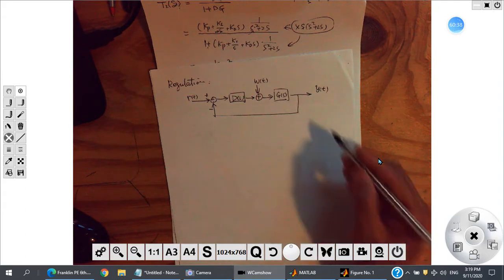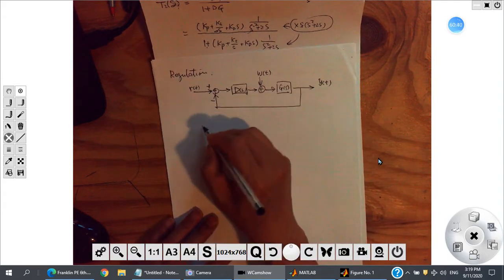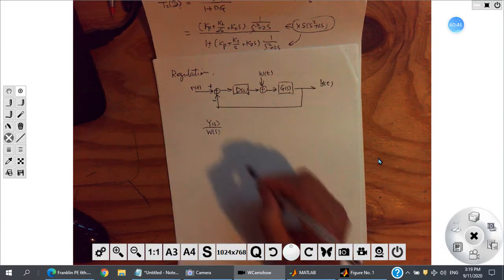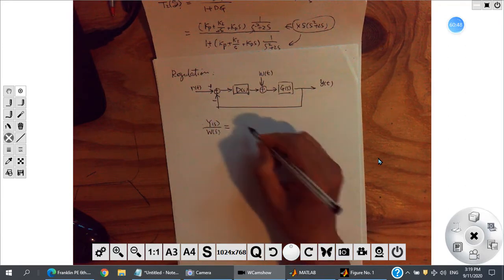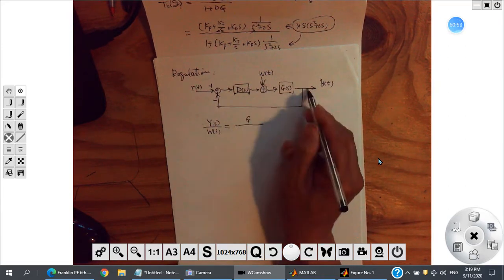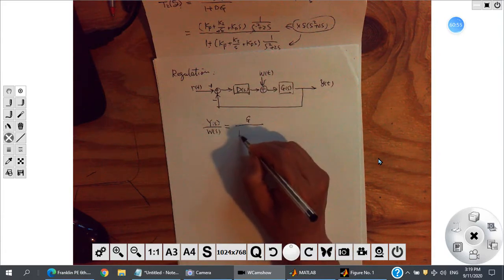Then we need to consider Y over W. We need this one. This one will equal the forward path, which is just G, over 1 minus the loop.